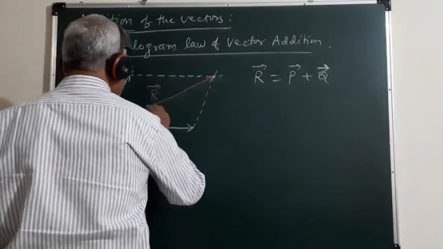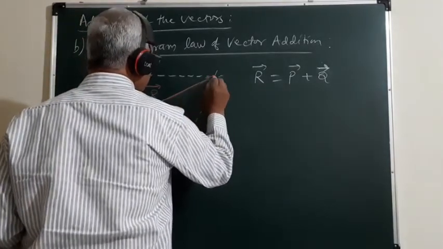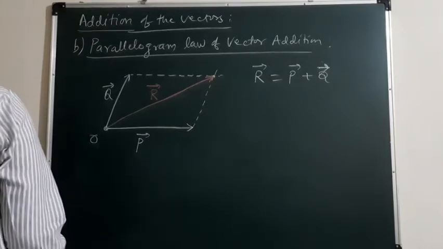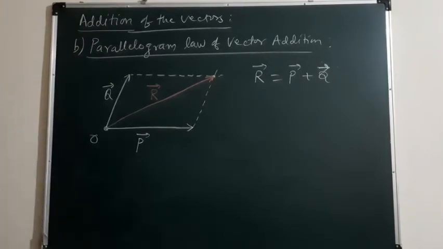So this diagonal of this parallelogram represents the sum of these two vectors P bar and Q bar.